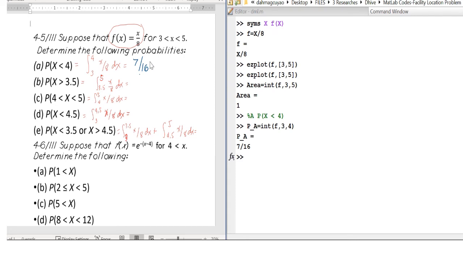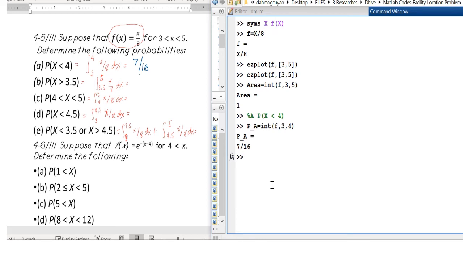For P of B, that's the probability of x greater than 3.5. So P of B is equal to the integral of f from 3.5 to 5. So it's 51 over 64.